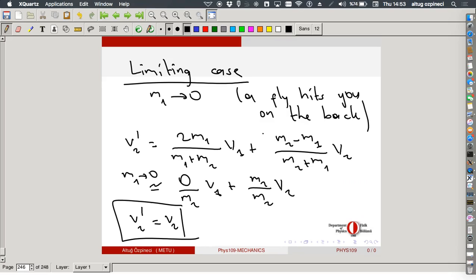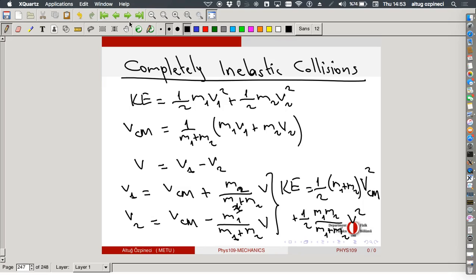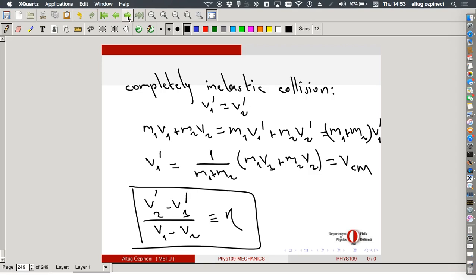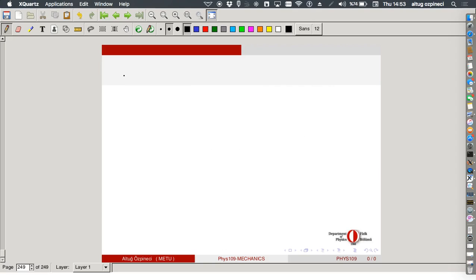So we have this first mass: 0.65 plus minus 0.05 meters per second. This is the initial. Let's look at the final one.